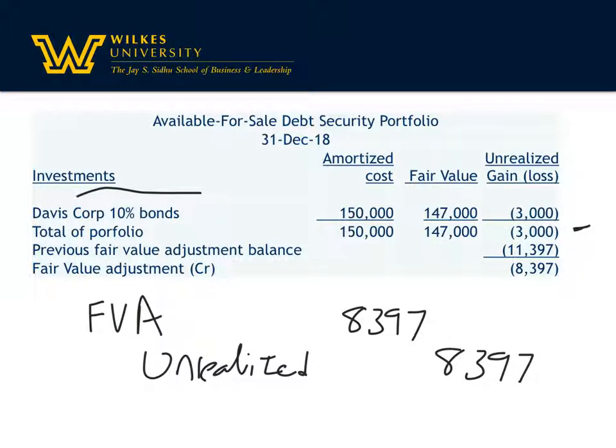So you went from a loss of $11,000 to only a loss of $3,000. You regained a portion of it. So you're picking up that gain by crediting the unrealized holding gain or loss, and you're balancing that account by debiting the fair value adjustment. And that's how you deal with a portfolio. And those are your entries for debt investments, both individual and a portfolio, with the amortized cost and the fair value methods.